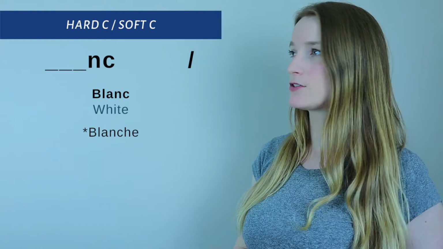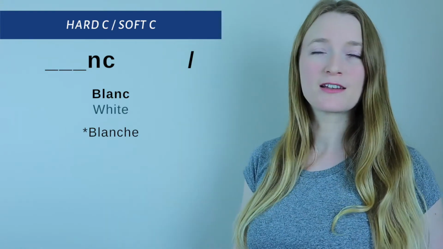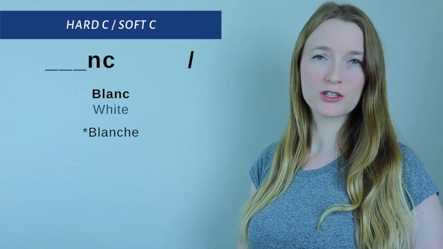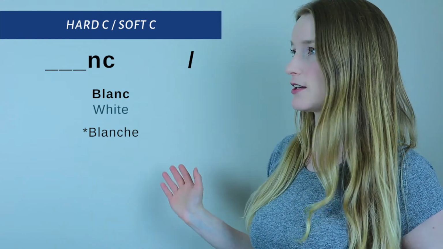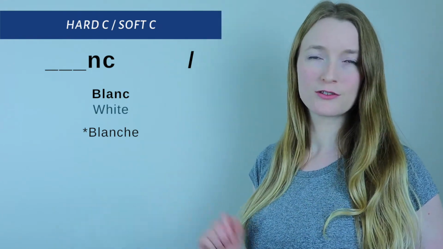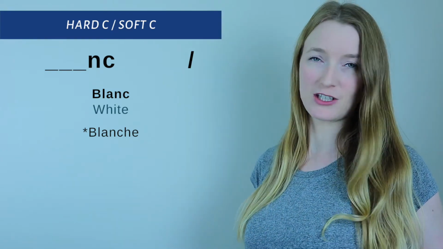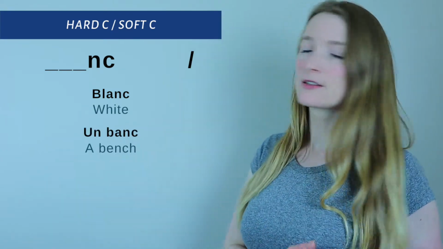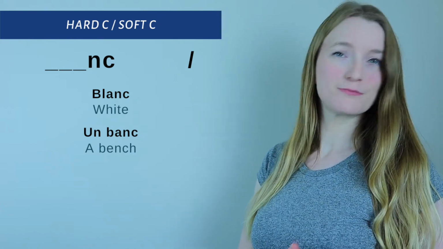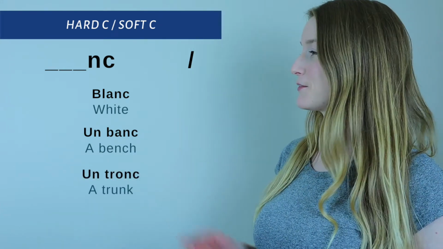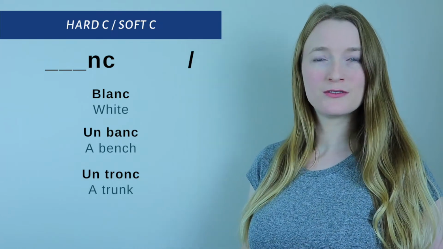But if we have the adjective feminine, it's going to be blanche. We are going to say CH tomorrow. But this is why we keep the C when it's a masculine noun. The second one, un banc, banc.